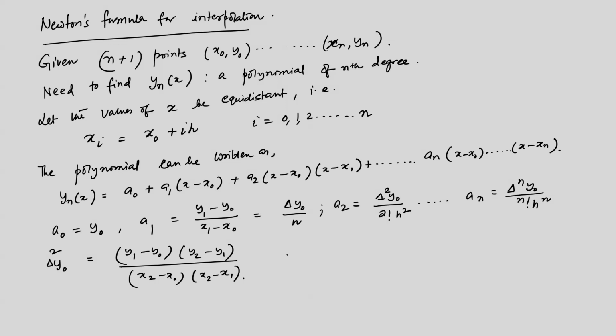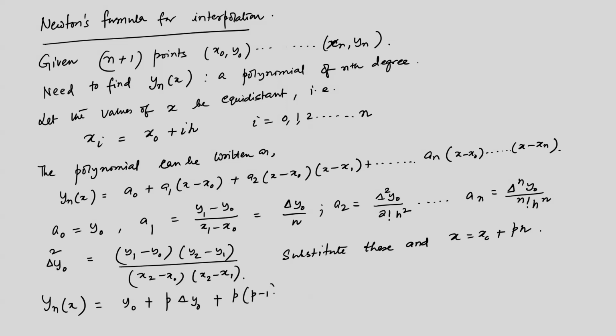So, if you substitute these and x equal to x 0 plus p h, then what I get for y n x, which is the approximate polynomial for the data set that has been given to me, is equal to y 0 plus p delta y 0 plus p into p minus 1 by 2 factorial delta square y 0 plus and so on, p into p minus 1, p minus 2 and so on.